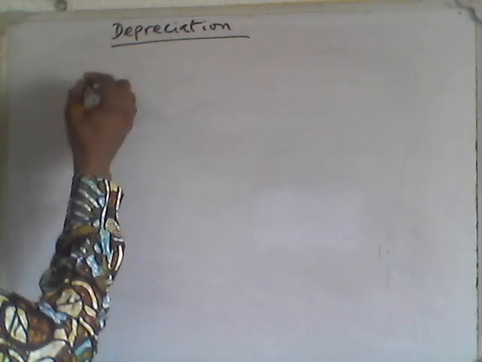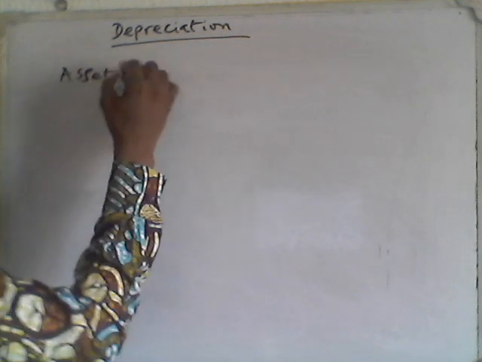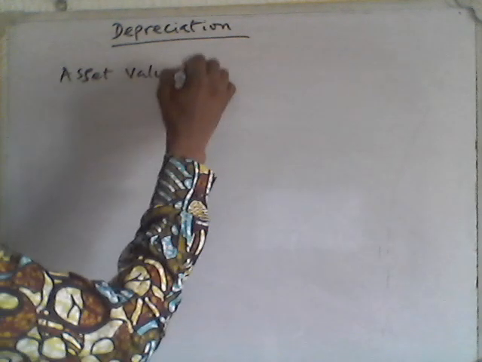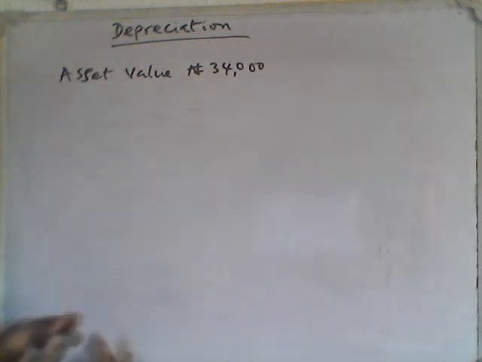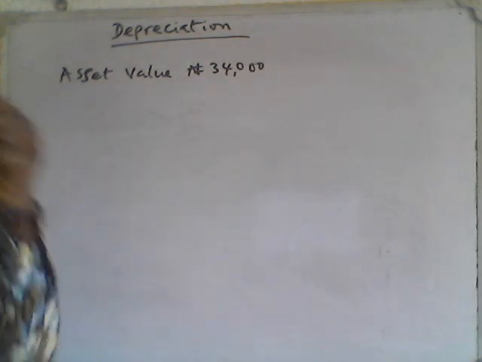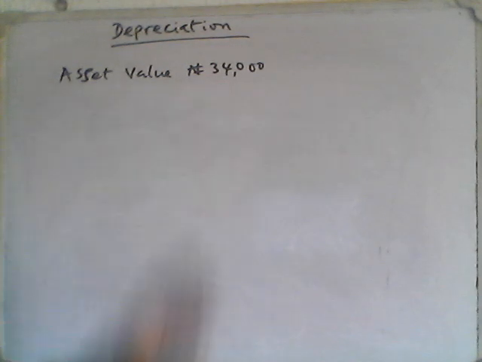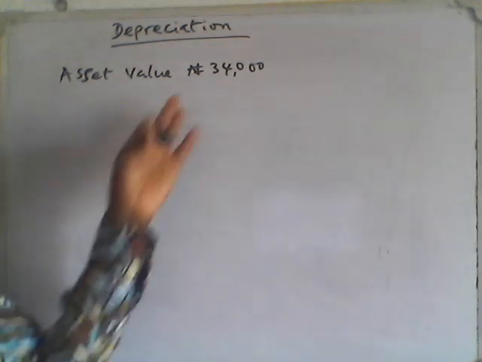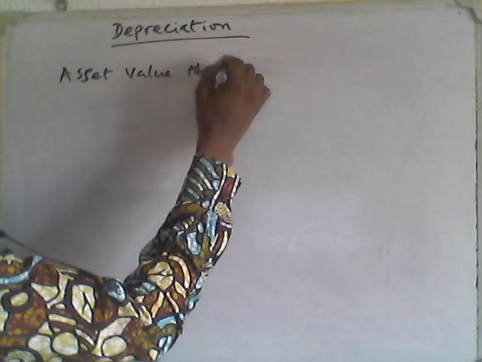So if sometimes you have an asset that is valued at, let's say, 34,000 naira. It could be a machine, it could be a vehicle, it could be anything. Just for purpose of our analysis, we're taking a lower number. Okay, let me make it a round figure. Let's say 100,000.